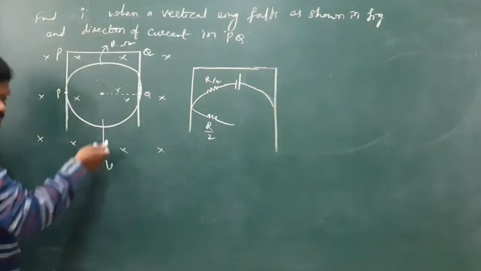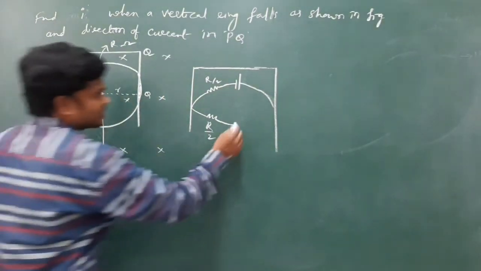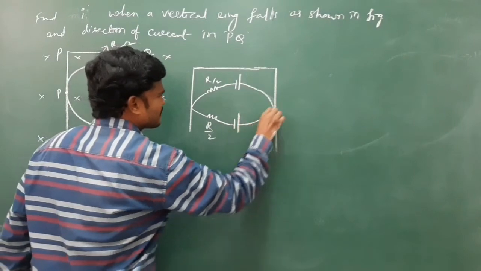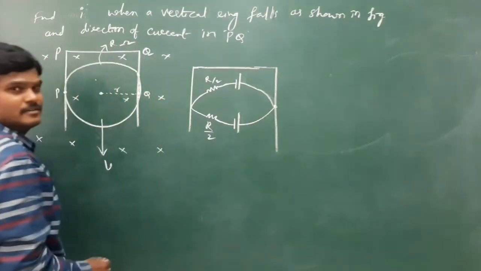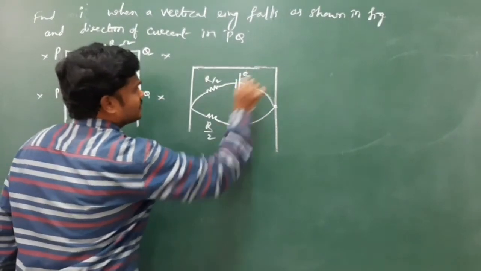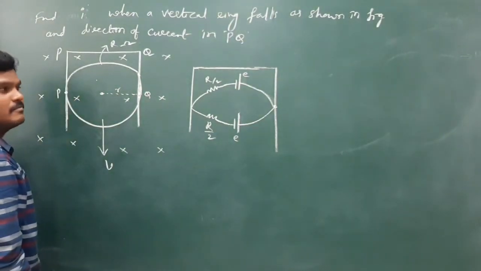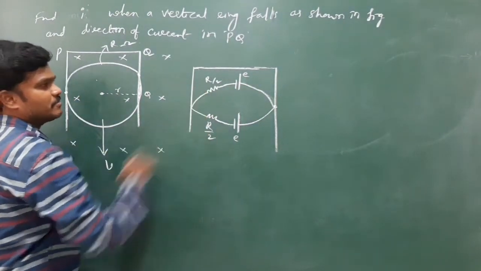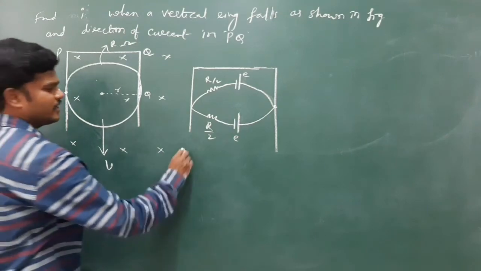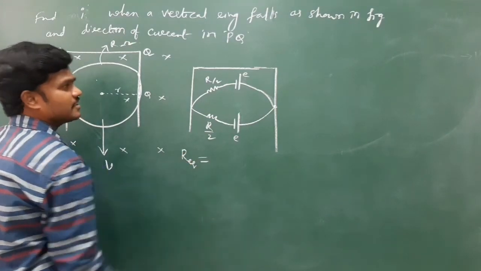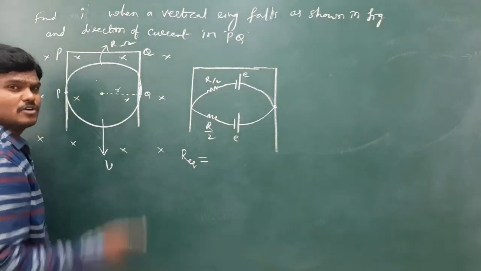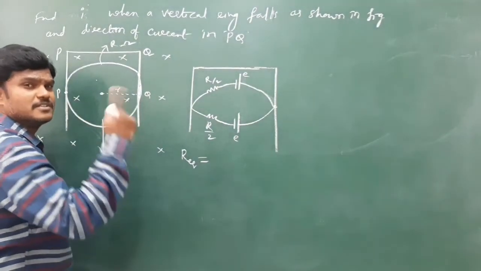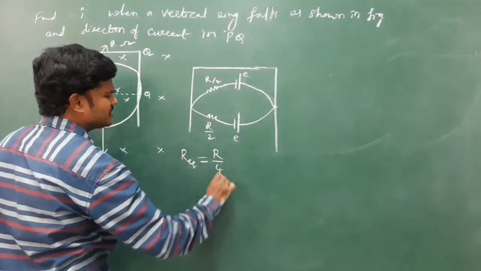And observe this one. This is also moving down. Again, direction of induced current is right side. Okay, this has some EMF, and R by 2, R by 2. What is the total equivalent resistance? R equivalent: R by 2 and R by 2 are parallel, so R by 2 into R by 2 by R by 2 plus R by 2. So how much is the effective resistance?